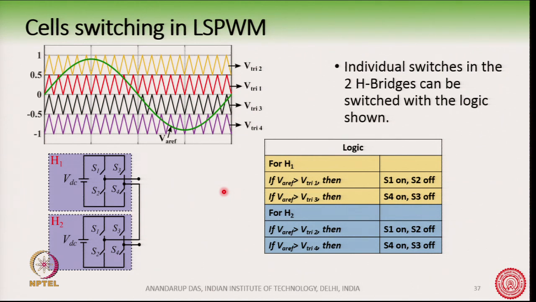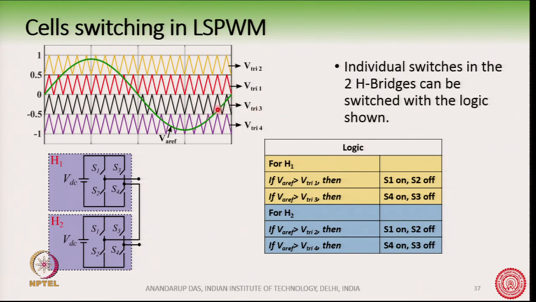Now, this green waveform is the reference waveform, and what is the logic? If we see the cell H1 here, the triangles to be used for cell H1 will be triangle 1 and triangle 3.